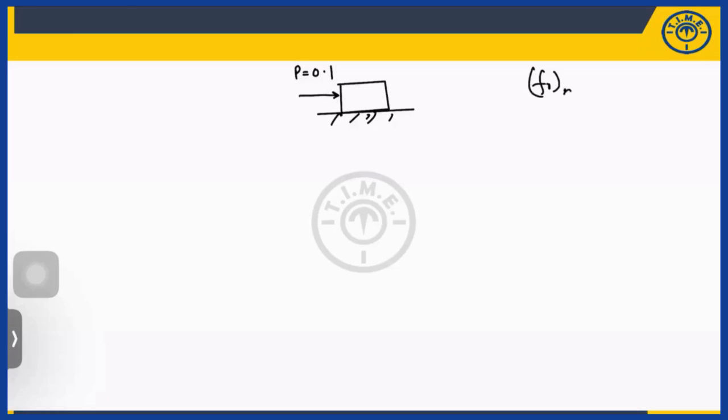You calculated the maximum is 0.981. Okay, you calculated this. Now you are applying the force 0.1. What will be the friction force in this case? Tell me fast. Sir, I didn't understand the question. Force you are applying is 0.8. What will be the friction force that will act on this block? 0.1 you are applying.